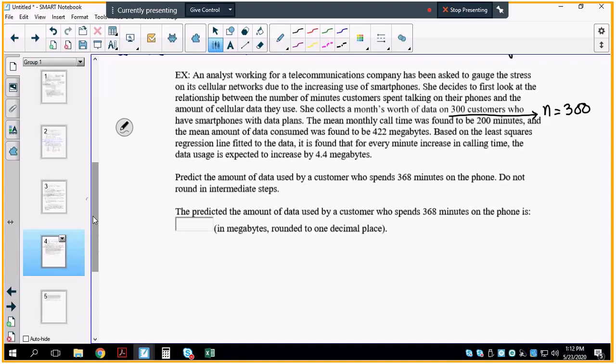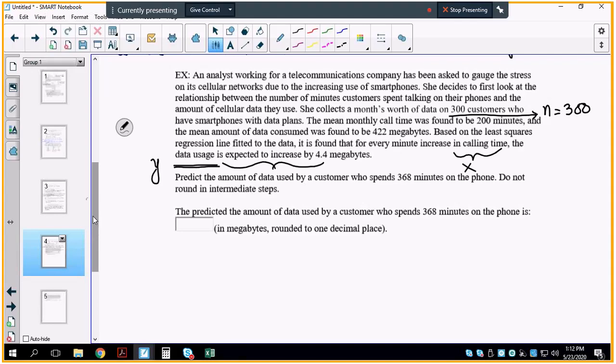If you read this last line one more time, calling time is X. So the mean calling time is X. As soon as I know that, I know in this situation, the expected increase of 4.4 megabytes in the data usage is your Y.